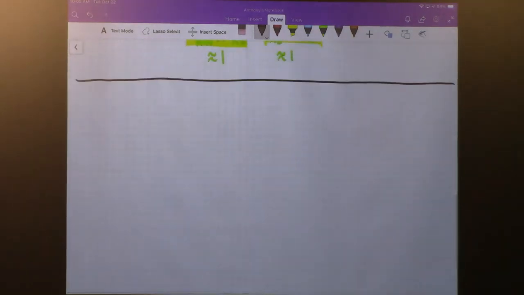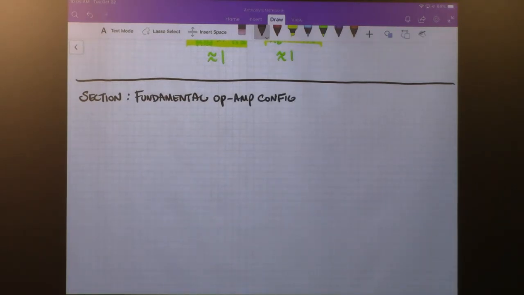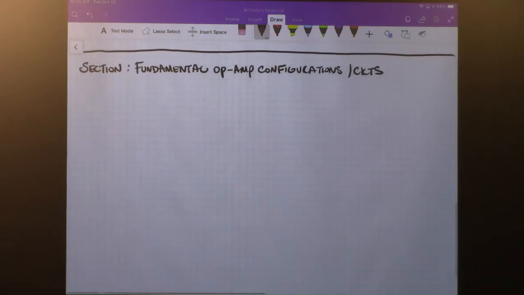So the first one is the inverting op-amp. And we are going to examine the way that these circuits work as an example.